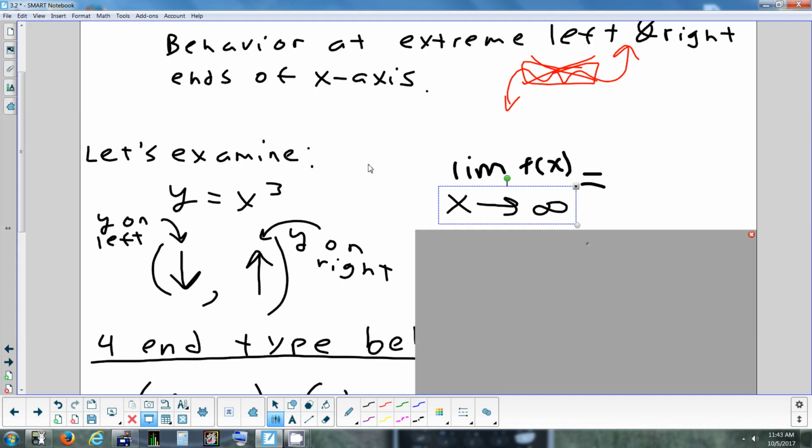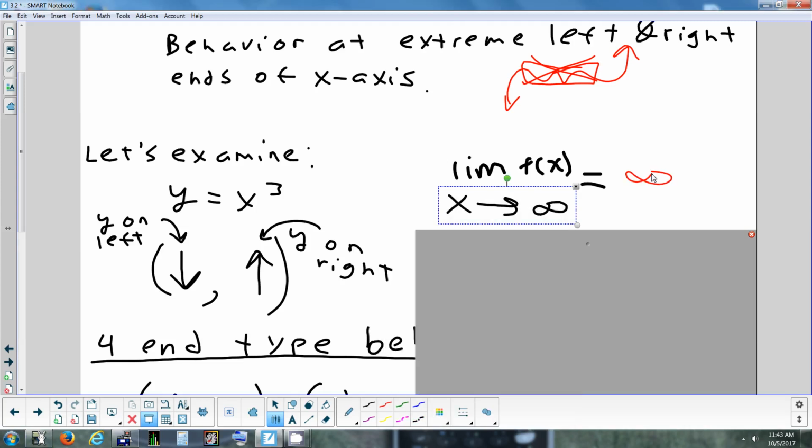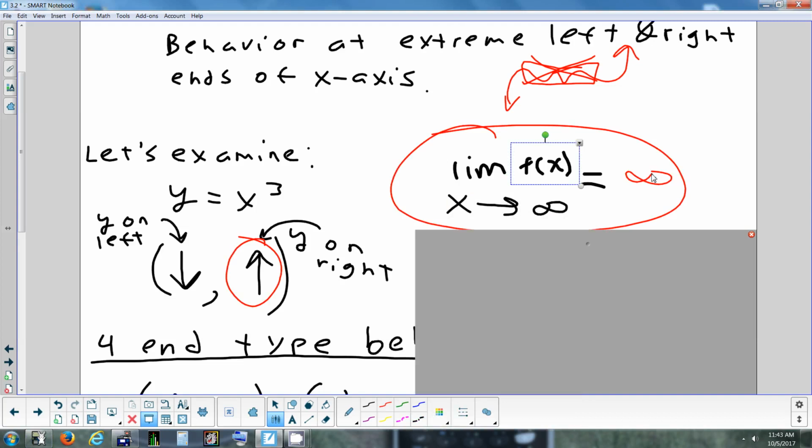So as your x heads to the right, what's happening to your y value? What's my y value approaching here? Infinity. It's approaching infinity. What I just wrote in words describes what's happening right there. As x heads to the right, what's happening to y?